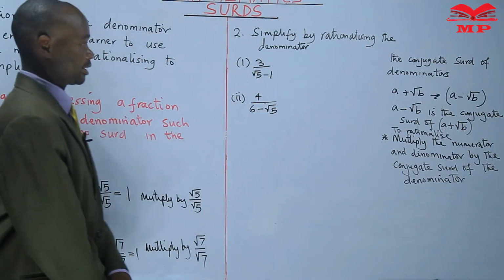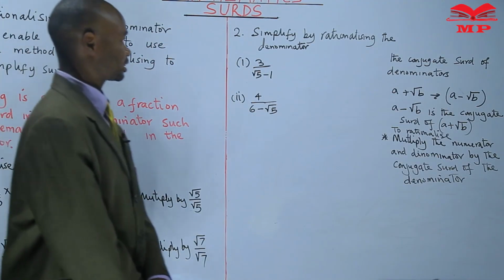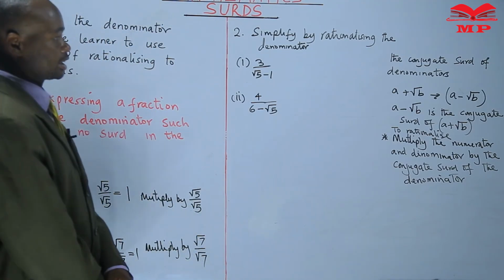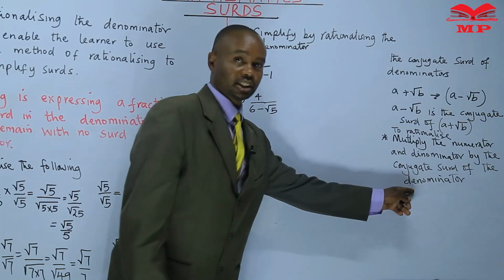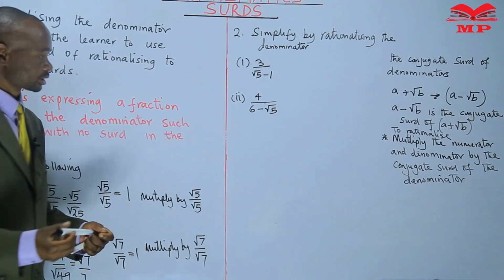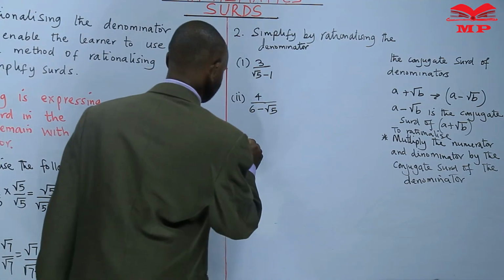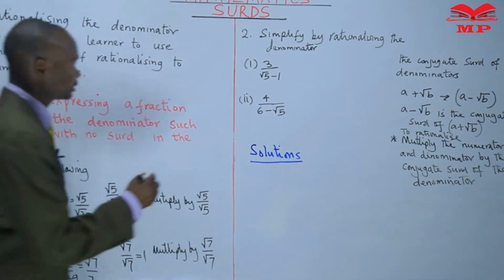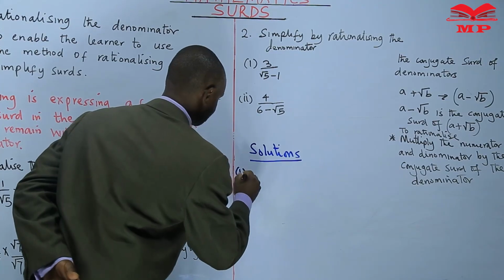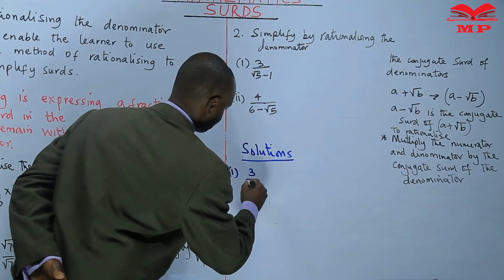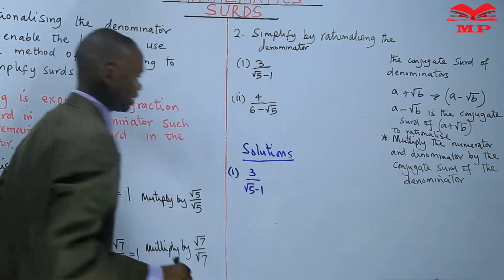You'll have to multiply both the numerator and the denominator by the conjugate surd of the denominator. You'll have to multiply by that conjugate surd. So in our solutions, this is what we are going to get in 1, 3 over square root of 5 minus 1.